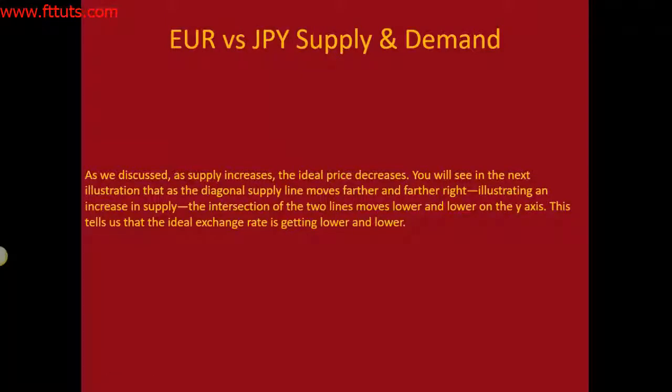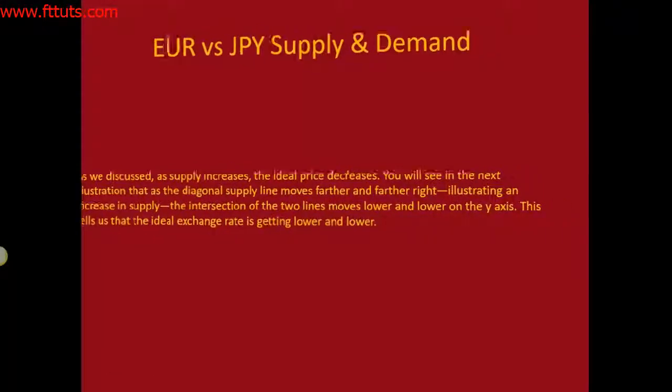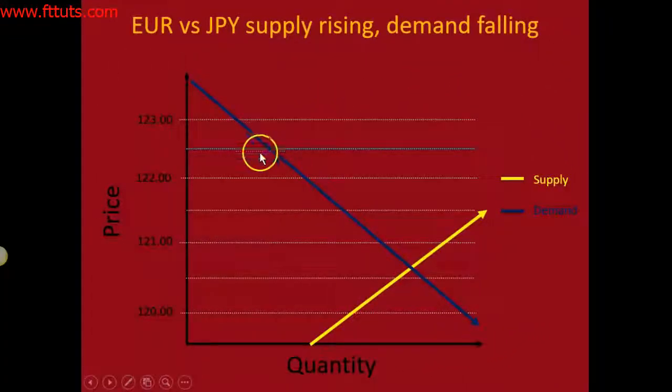This tells us that the ideal exchange rate is getting lower and lower. And you could see as they both move lower, the ideal exchange rate has changed from 121.5 now to about 120.2, or somewhere, 120.25, somewhere in there.